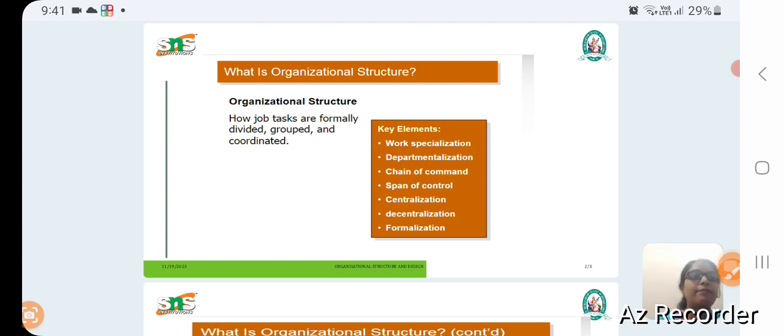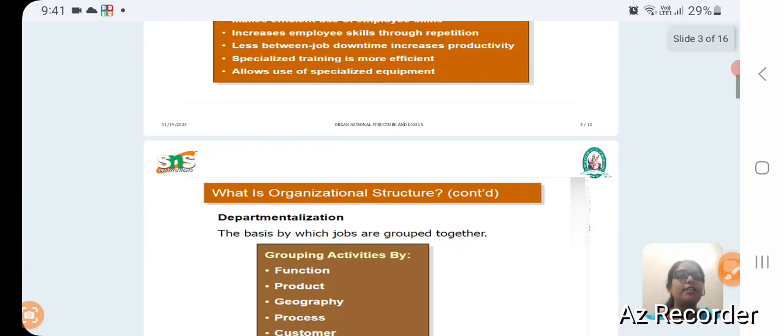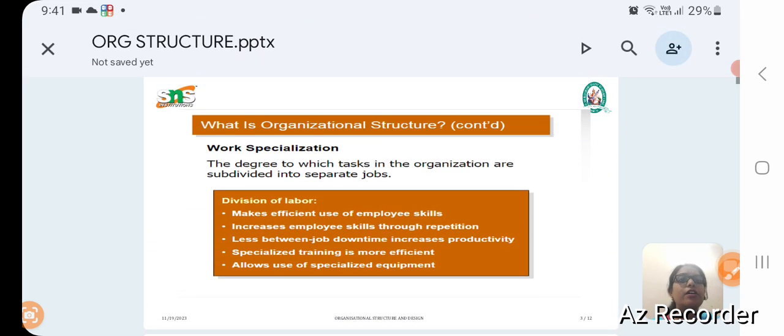The elements that make the organization structure are work specialization, departmentalization, chain of command, span of control, centralization, decentralization, and formalization. First element is work specialization. Work specialization is the degree to which tasks in the organization are subdivided into separate jobs.